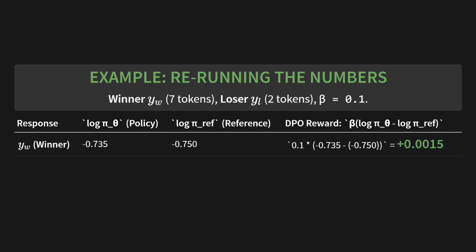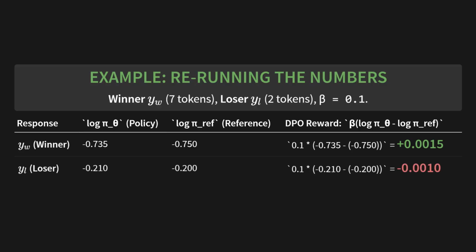So that's 0.1 times negative 0.735 minus negative 0.750. Remember, a double negative becomes a positive, and the result is plus 0.0015.